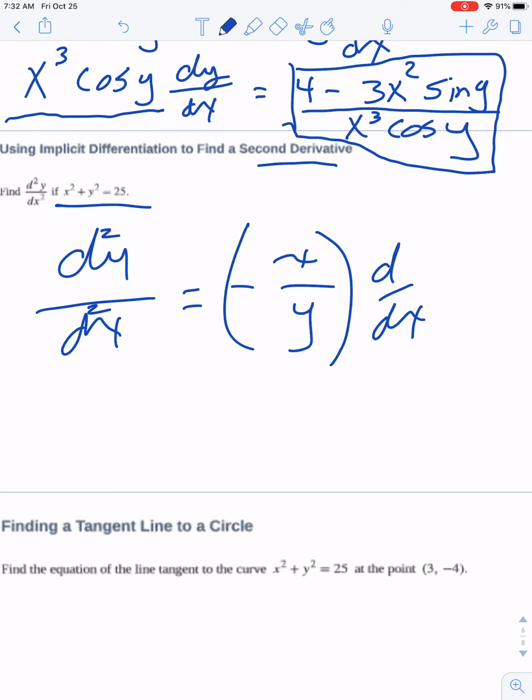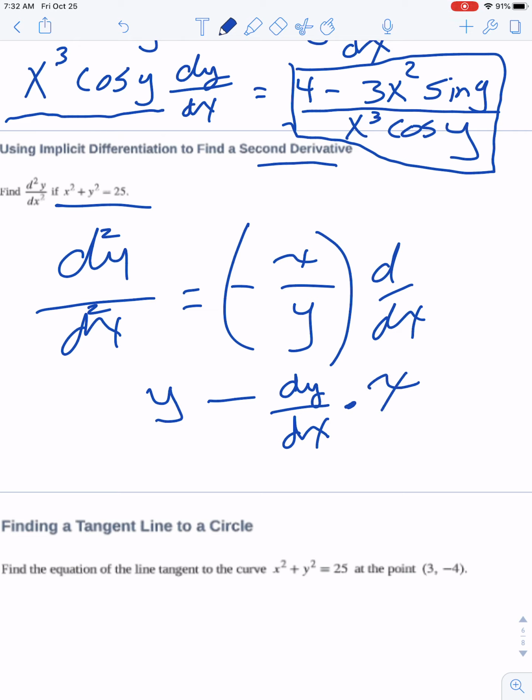So the derivative of x is 1 times y. That gives us y. Remember, quotient rule, we subtract, and then we take the derivative of the denominator, which is 1. But remember, we're deriving a y, so 1 times dy dx times x.